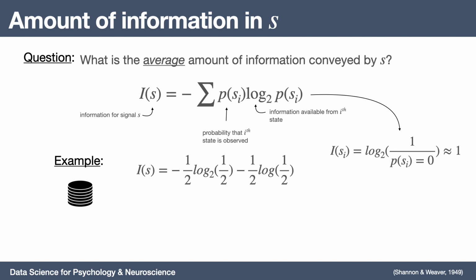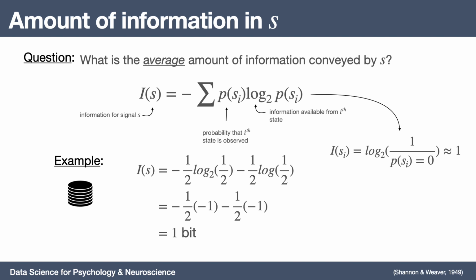The information conveyed in the coin toss is negative 1/2 times the log of 1/2, minus 1/2 times the log of 1/2. First part is heads, second part is tails. That boils down to negative 1/2 times negative 1, minus 1/2 times negative 1, which comes down to 1 bit. So the amount of information conveyed by a fair coin toss is exactly 1 bit.